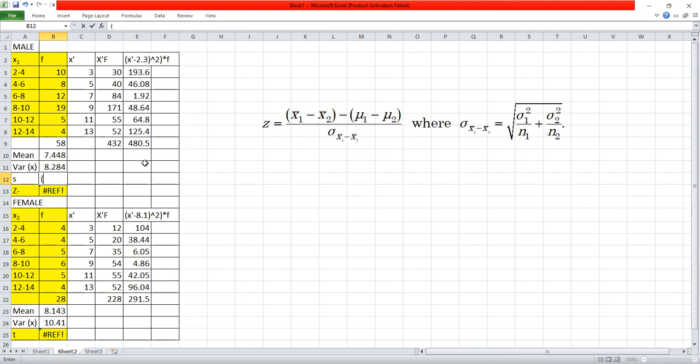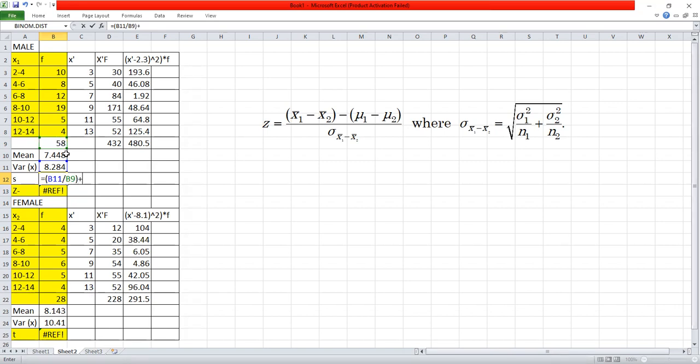So what is it equal to? It's equal to, because I'm using Excel, the variance of that one, divided by what? 58. Yes. Plus the variance of the other one. What is the variance of the other one? Plus 10.4.